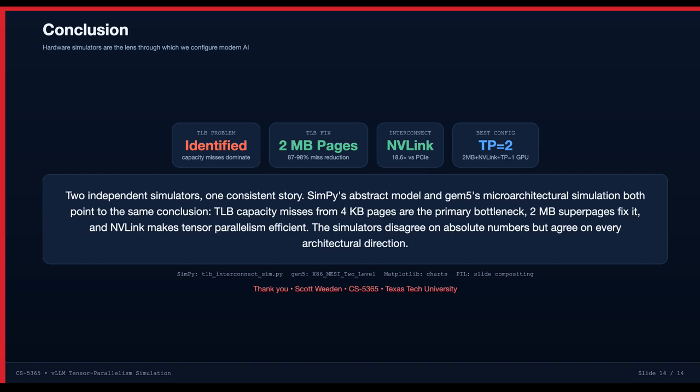However, it could change whether we are using TP equals 2 or TP equals 1 for tensor parallelism. So again, the final hardware conclusion will be tested either today or tomorrow, and will be available in my final report.